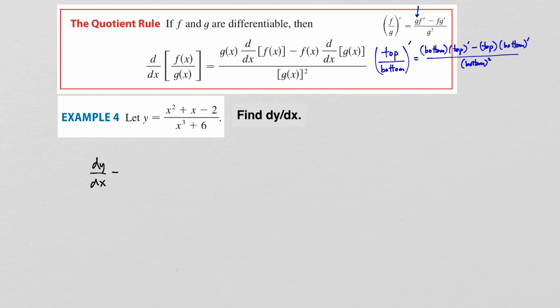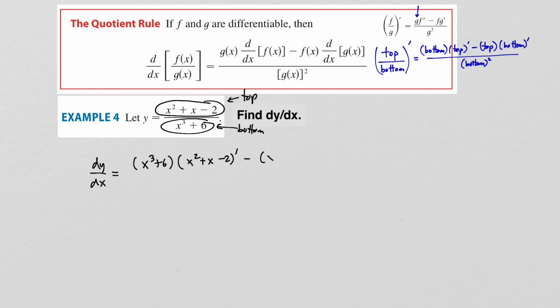So the rule says when you have a quotient of two functions, this is the top function and this is the bottom function, the derivative is the bottom function multiplied by the derivative of the top function minus the top function multiplied by the derivative of the bottom function, all divided by the bottom function squared.